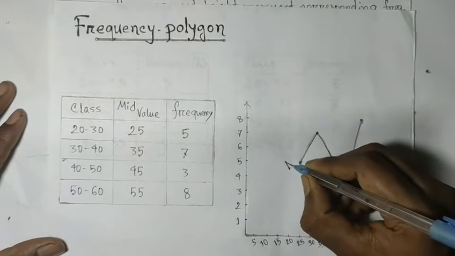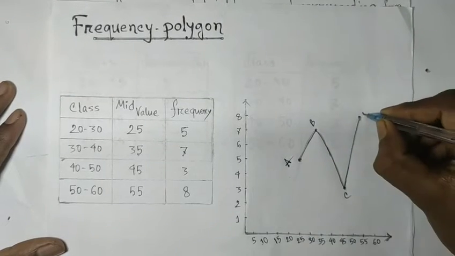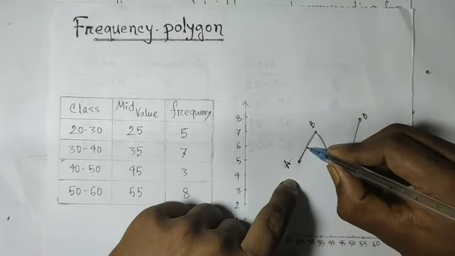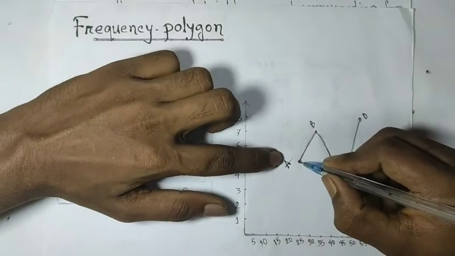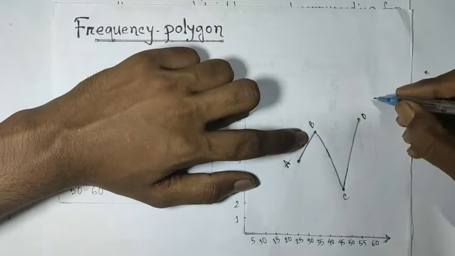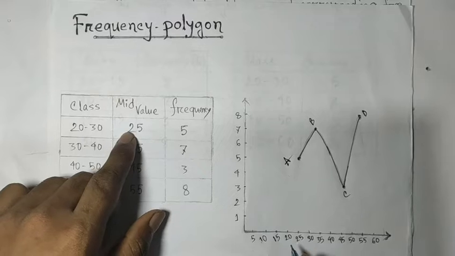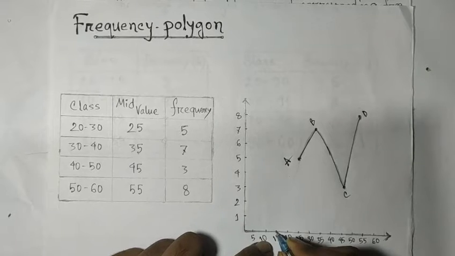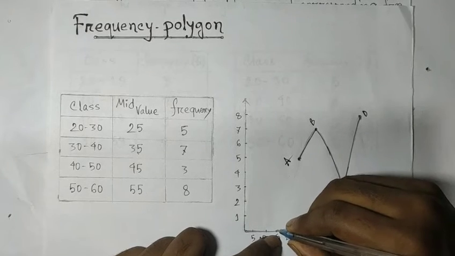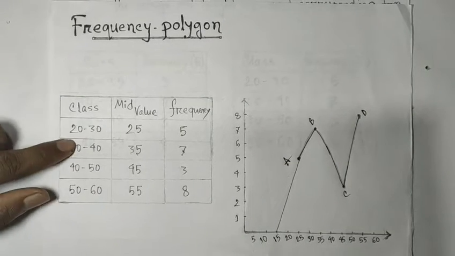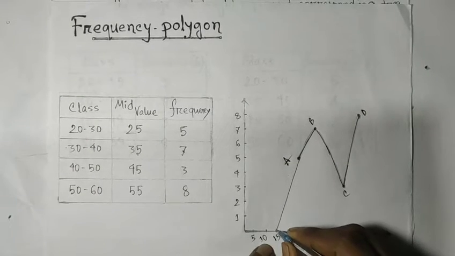Here if we label these points with letters, then we can say that the graph increases from A to B, decreases from B to C, and again increases from C to D. As the first mid value is 25, the earlier mid value should be 15, and we can also add this point, because there is no frequency for 15, so it is 0.